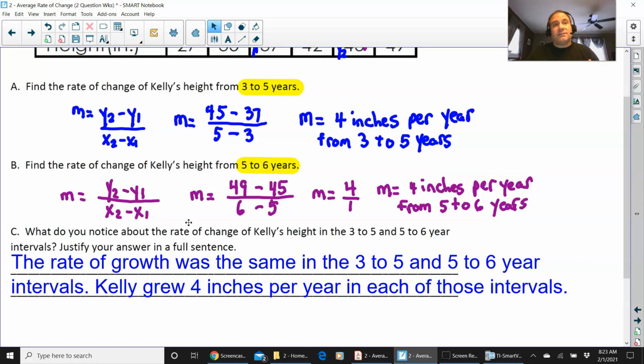In this question, it was. But a lot of times when you take the average rate of change, it's of a non-linear function. And that means the slope changes throughout. Right? And so that means they have to tell you which interval to take that slope from. And that is average rate of change.